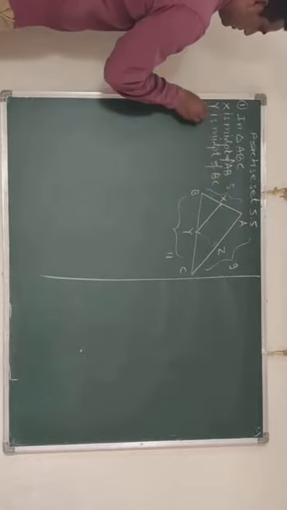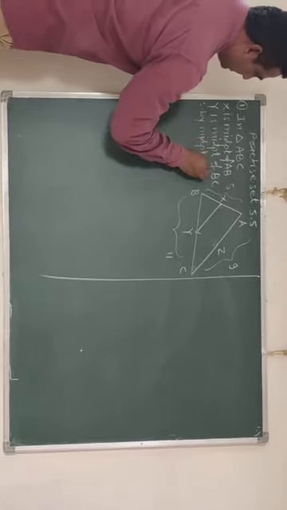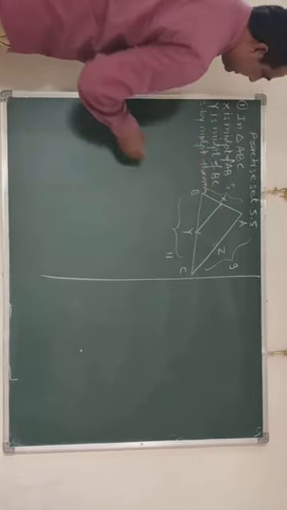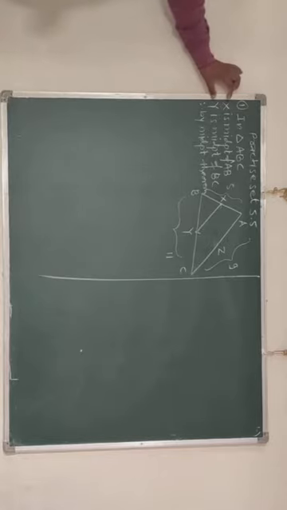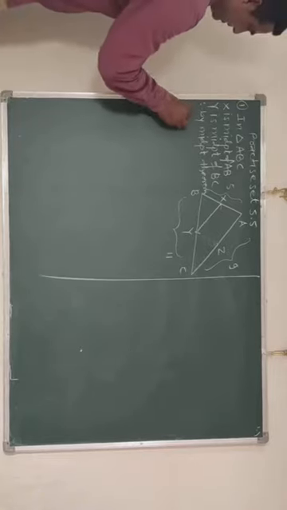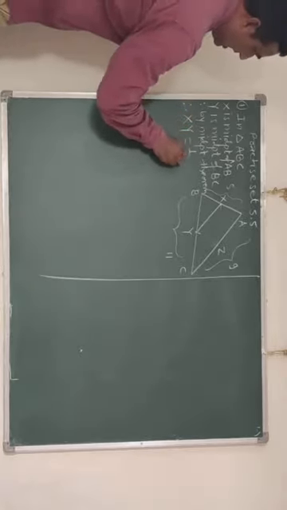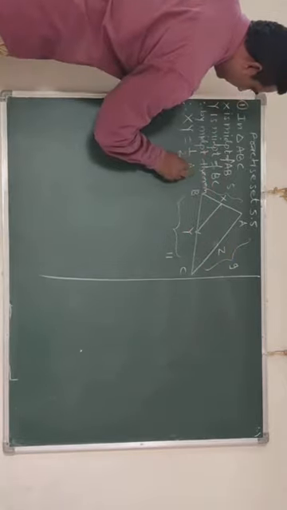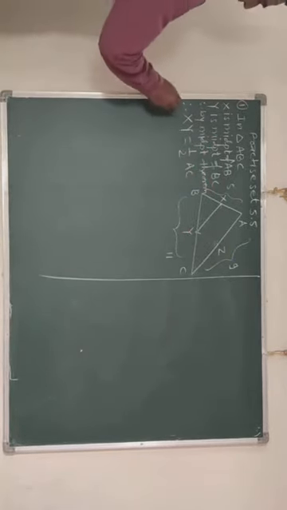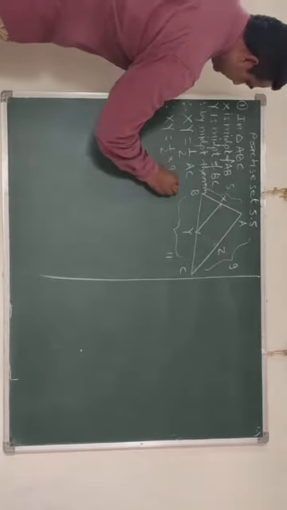Therefore, by midpoint theorem. So what is the midpoint theorem? Line segment joining midpoints of any two sides is parallel to the third side and half of it. Here we don't want parallel, we want half. So this XY is equal to half of AC. So XY equal to half into 9, that is equal to 4.5.